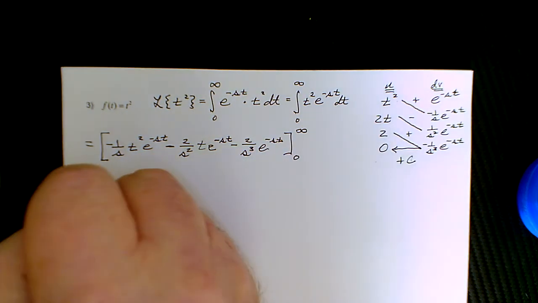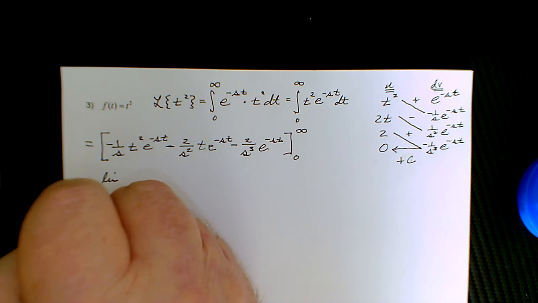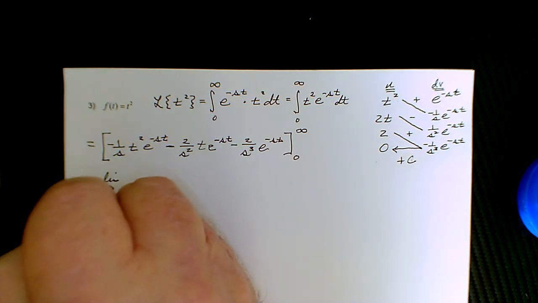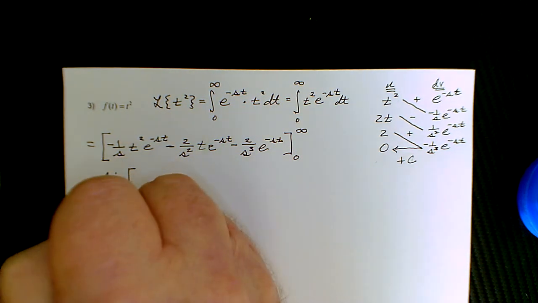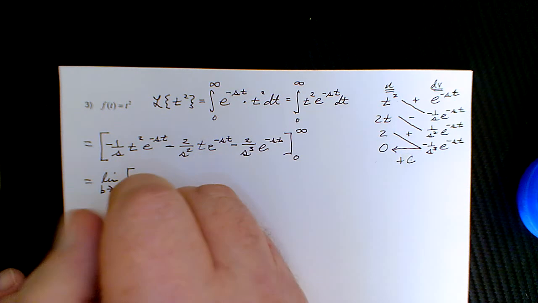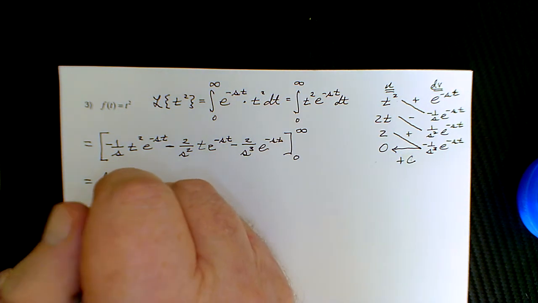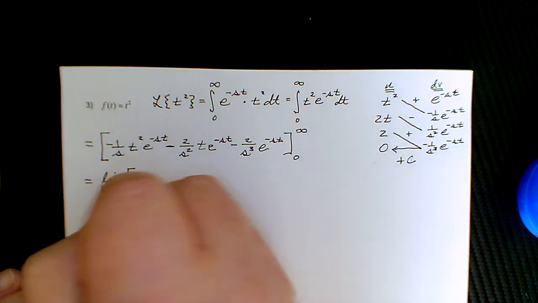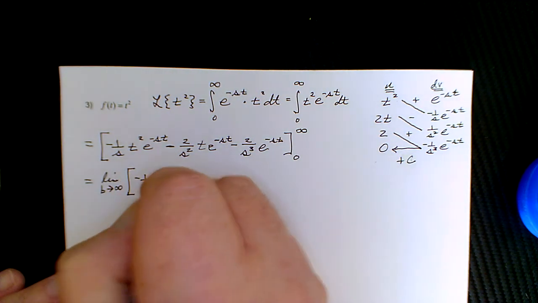Okay, so then we can introduce that limit. So this is the limit as b tends toward infinity of this quantity, just recopy.